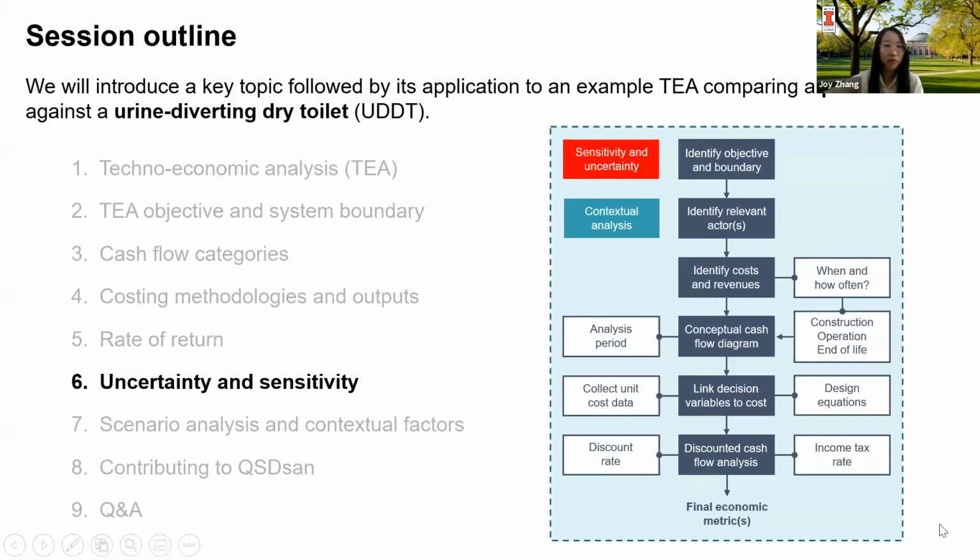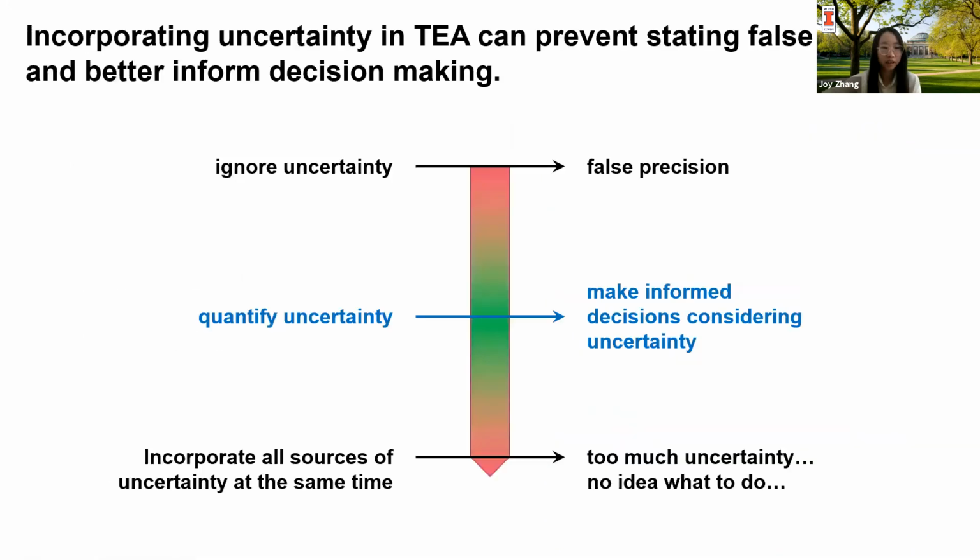Now, let's move on to uncertainty and sensitivity in TEA. As we mentioned before, if we fix parameter values and input them to the TEA model, we will get a single point of results.